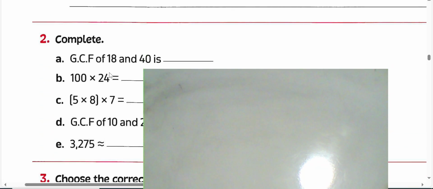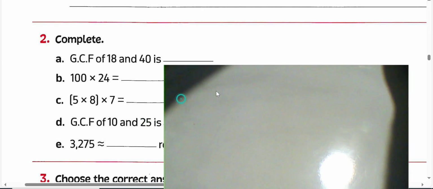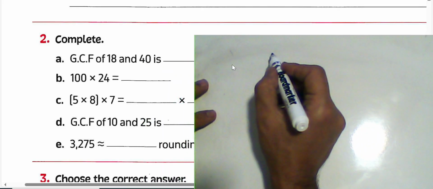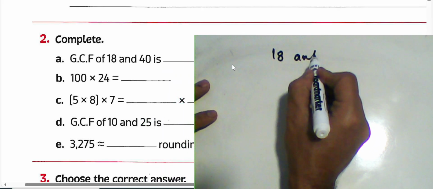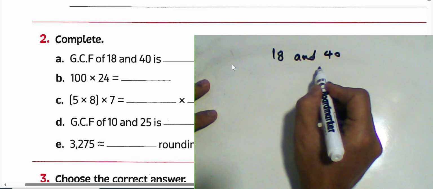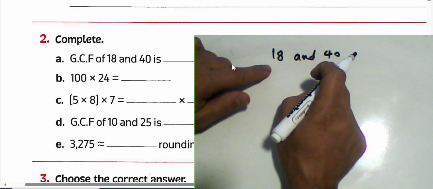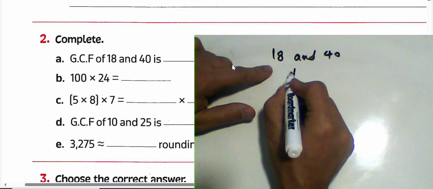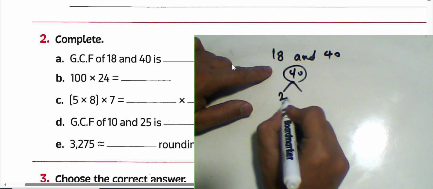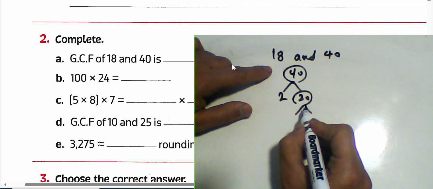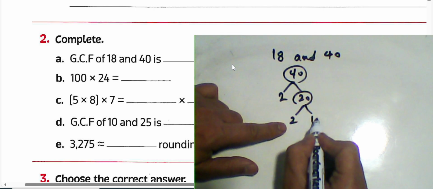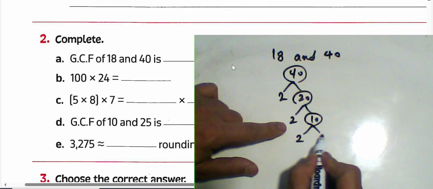Next question, complete: the common factor of 18 and 40. The greatest common factor between them will be what? We know 40 and 18 can be divided by 2. You can write 40 equals 2 times 20, and 20 is 2 times 10, and 10 is 2 times 5.